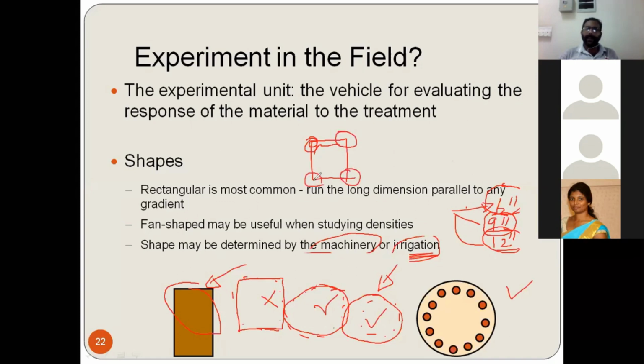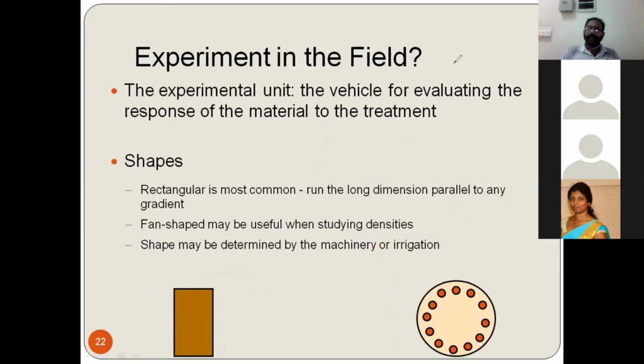Anyhow, if you are doing broadcasting, the seeds will be thrown there as well and the plants will grow there too. So if you get the yield from that, it will not really be due to the puddling. Because the machinery cannot turn, we use a circle. If it is a circle, the tractor can travel without any problem. Isn't it? So that is how the circle plot is used.